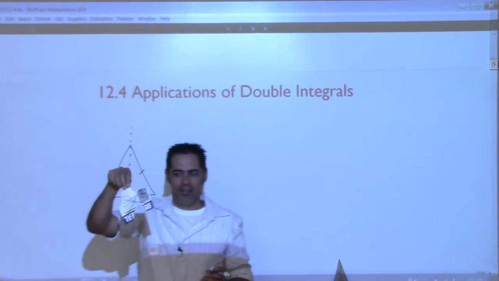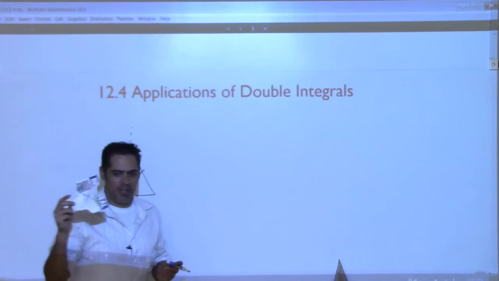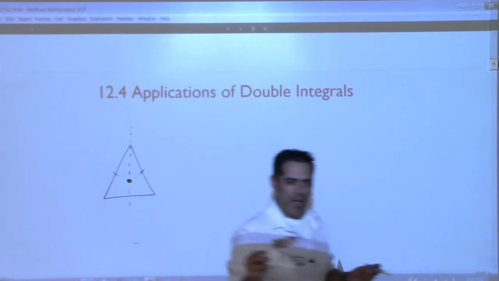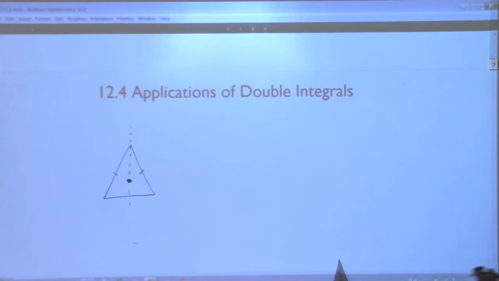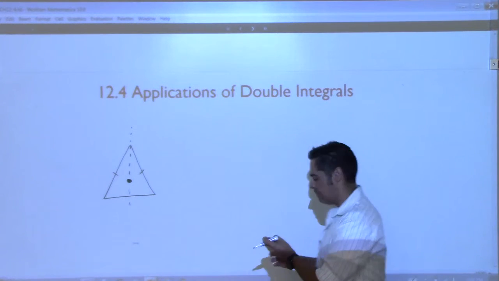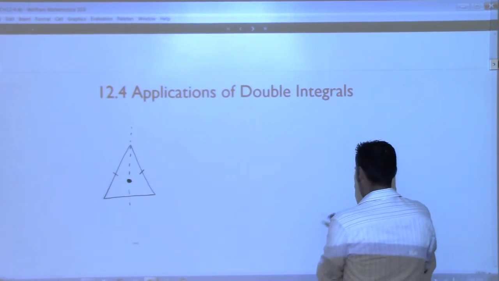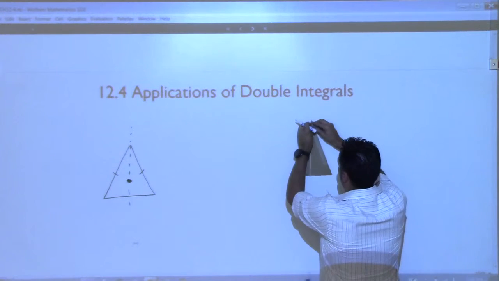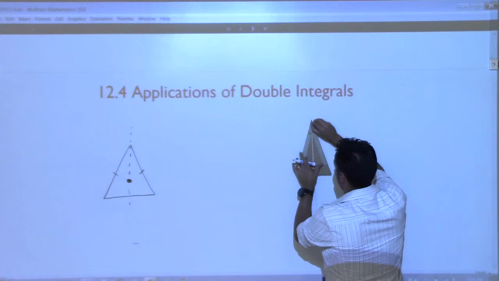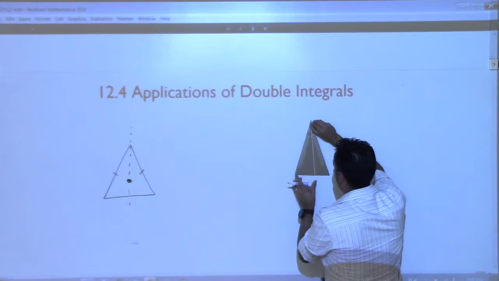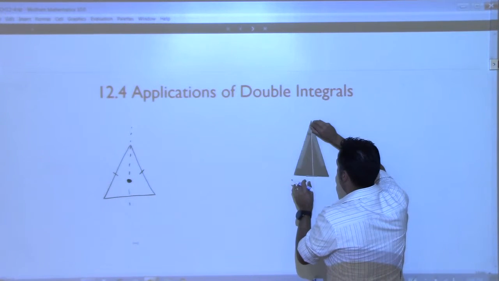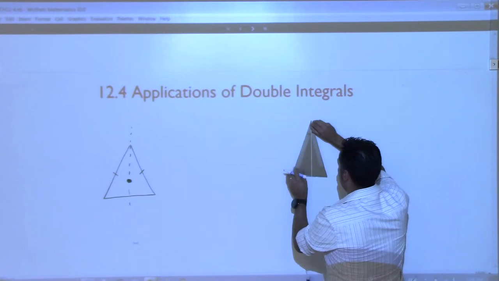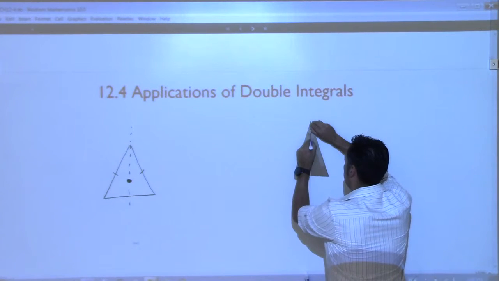Okay? So we should be able to do that with this and be able to come up with a center of mass, something like that, right? Okay, so here we go. This seems a little bit off. Okay, I'll just draw that right there.